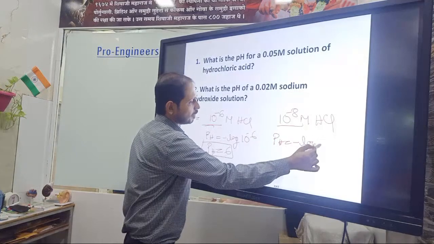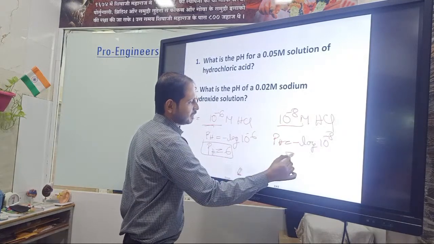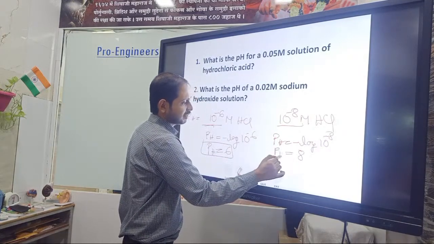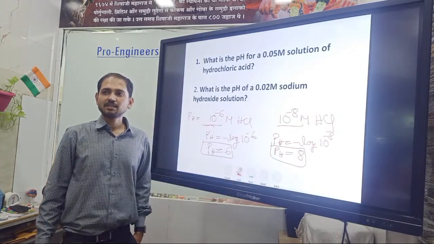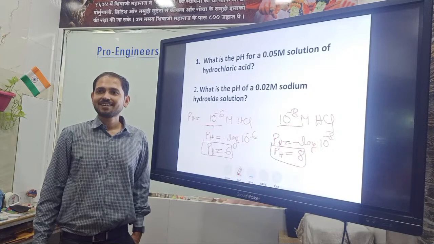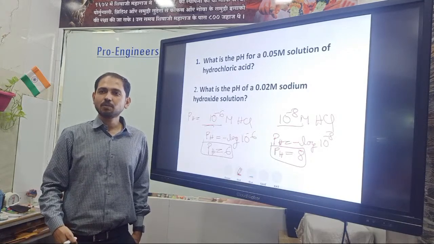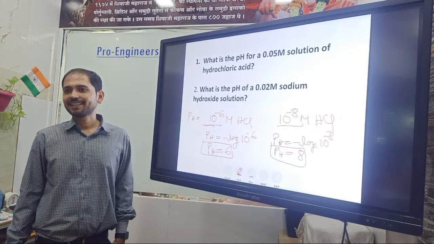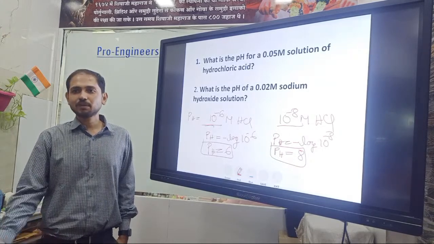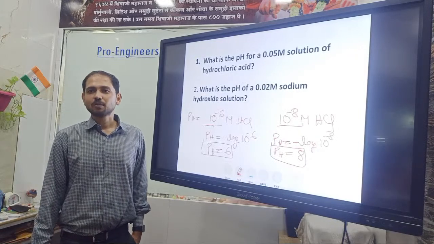Minus log of 10 to the power minus 8 means 8. So the acid becomes base. Is it possible? We are giving acid in the water and its pH is giving 8. So this acid is converted to the base in the presence of water.